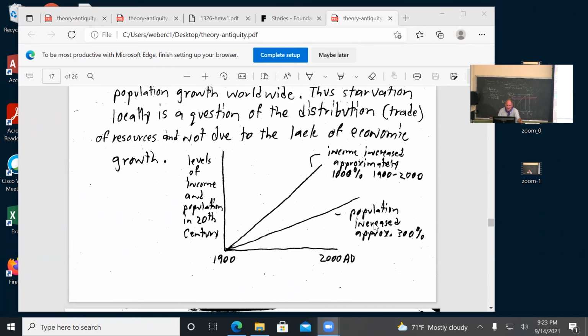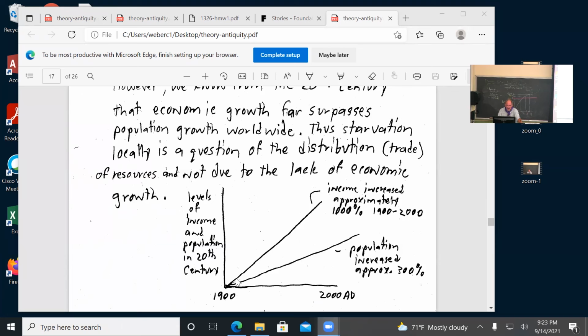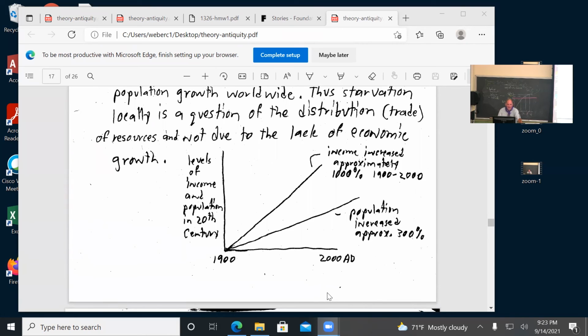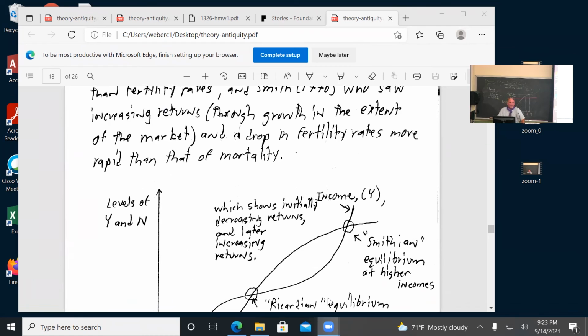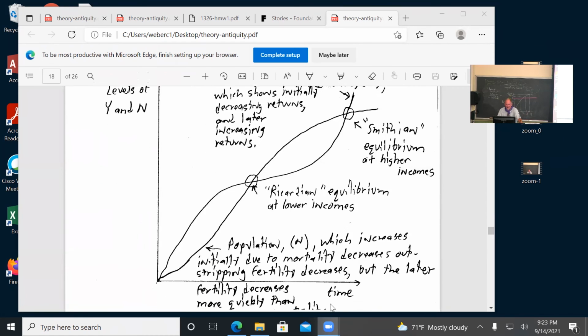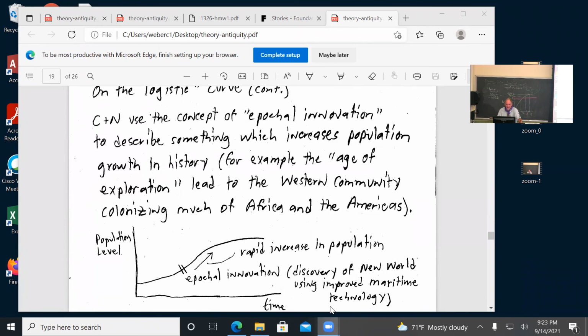From the 20th century, income increased 1,000%, where population only increased 300%. So the Malthusian doomsayers have not been proved correct throughout history. But that, again, is only if you have the conditions, sound rule of law, monetary and fiscal policy. There has been lots of mass starvation in certain places.